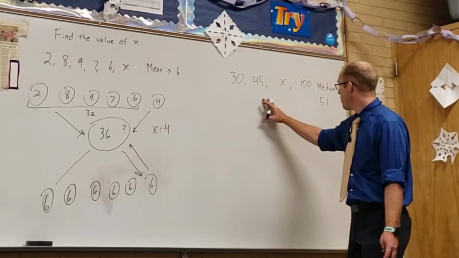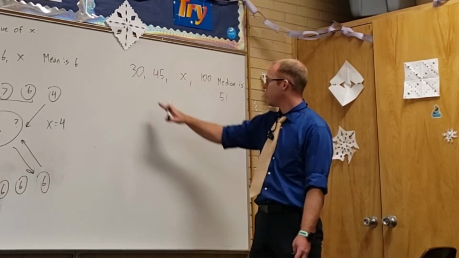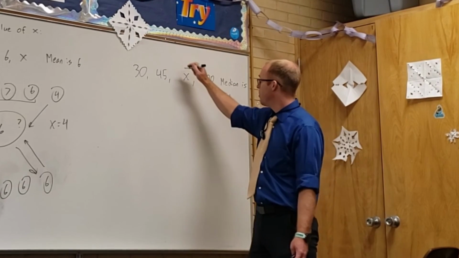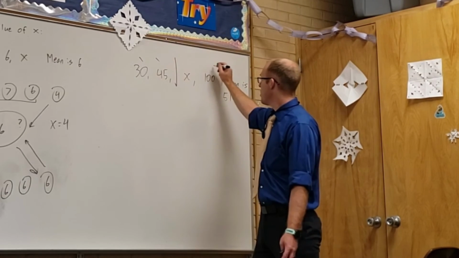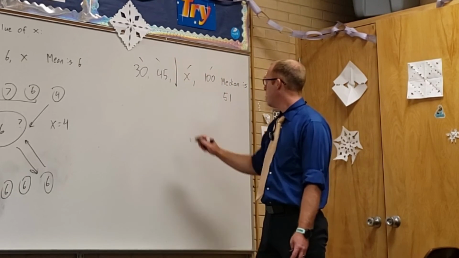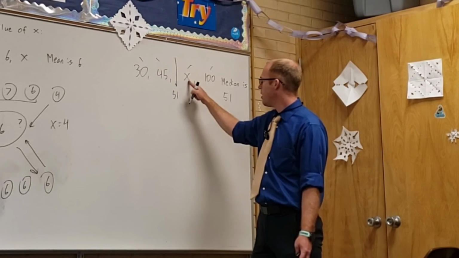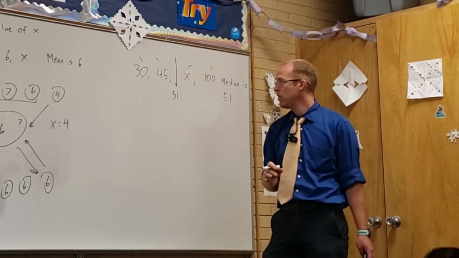Let's take a look at this one. Our median is 51. Now the median is the number in the middle, and we can see that these are all in order, except I'm not quite sure with the x. So the median is going to be somewhere right here, where we've got 2 numbers on that side and 2 numbers on this side. That median is 51. Well, what number right here would give us that the number in between them is exactly 51?